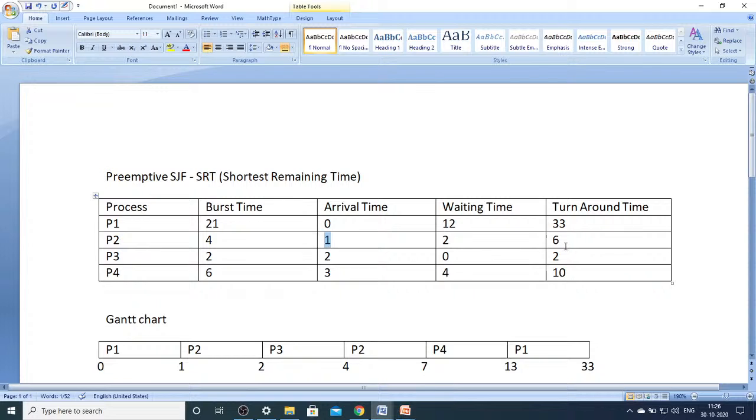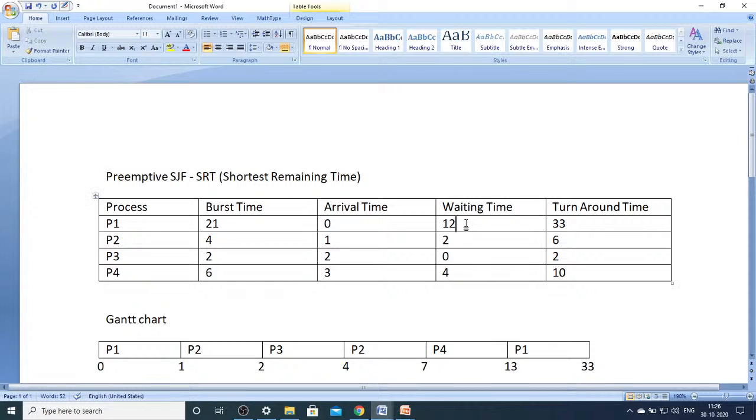So 7 minus 1, you get 6 as the turnaround time for P2. Likewise, P3 has exited at 4th second, but it arrived only after 2 seconds. So 4 minus 2, you get turnaround time of P3 as 2. And lastly P4, which exited at 13th second but arrived at 3rd second. So 13 minus 3, we get 10 as the turnaround time for P4.